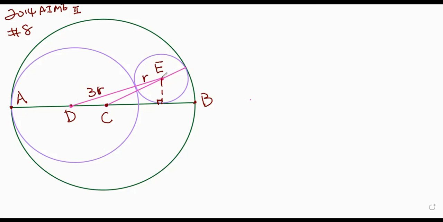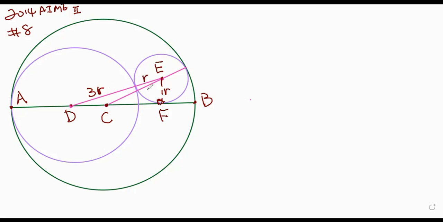If we connect E to the tangent point F, then EF is also a radius of circle E, and it is perpendicular to the tangent. But if we want to find 3R, we just want to find R.